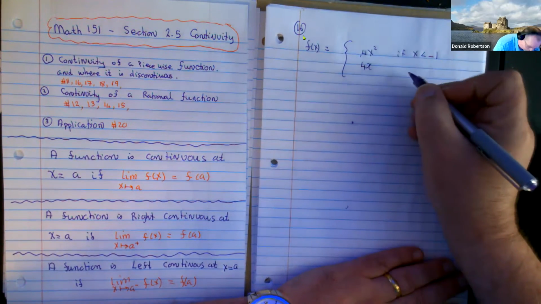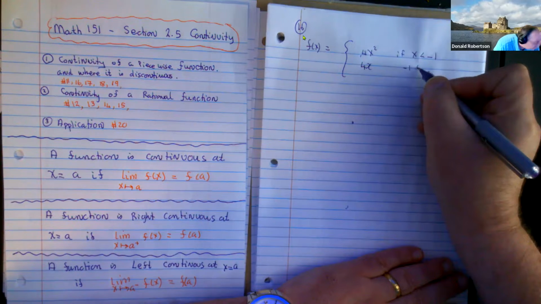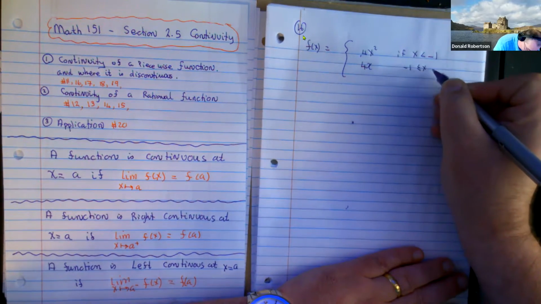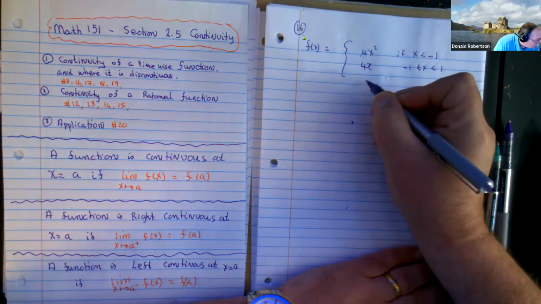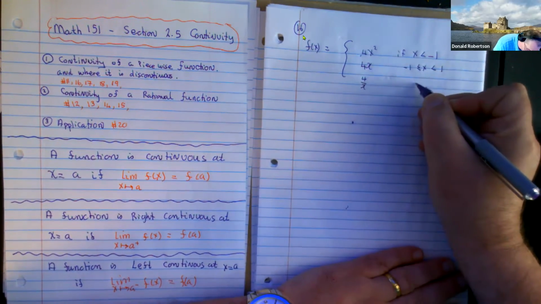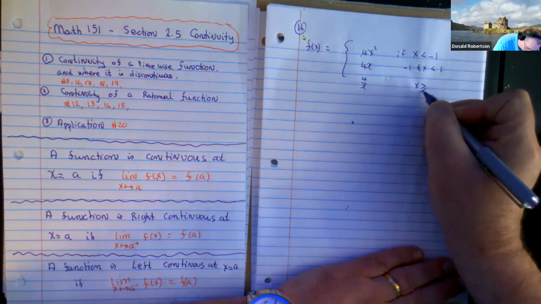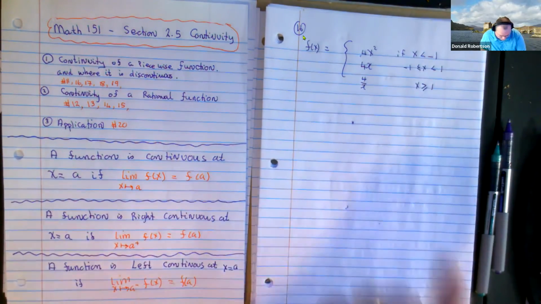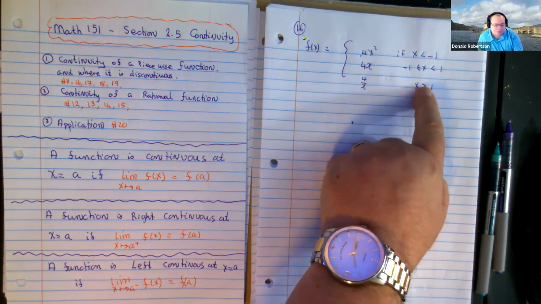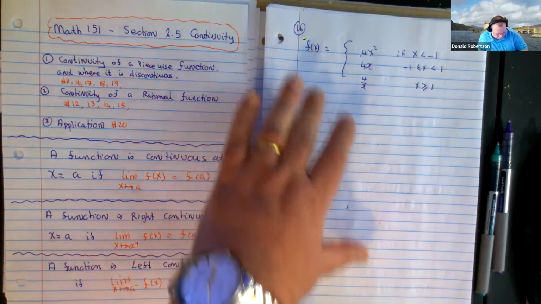It's 4x when x is between -1 and 1. And you use 4 over x for x greater than or equal to 1. Now, the equals parts here and here tell you where the solid dots are going to go. And then they have a whole list of questions all about that function.